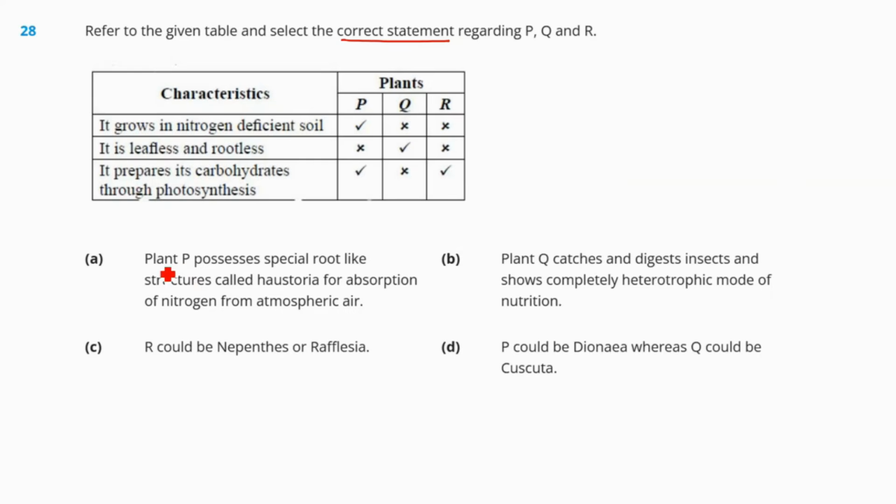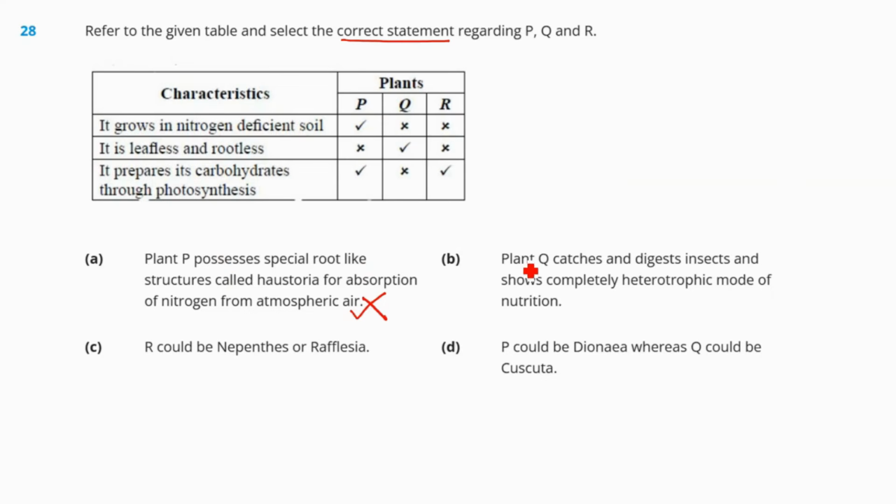First: plant P possesses special root-like structure called haustoria for absorption of nitrogen from the atmospheric air. This is correct because they are deficient in nitrogen. So the special roots have a structure called haustoria that absorb the nitrogen from the atmospheric air. So this is a correct statement. No, this is a wrong statement.